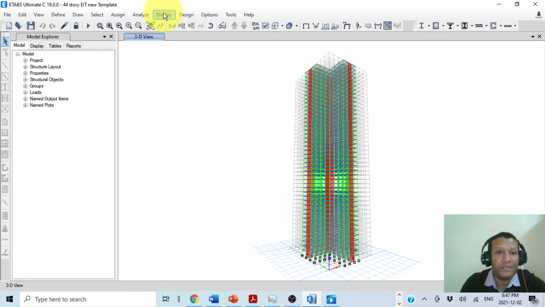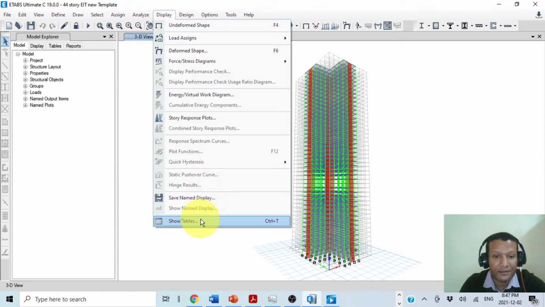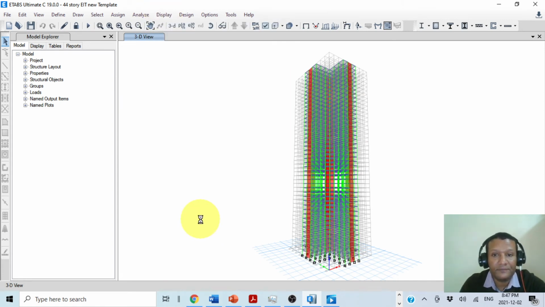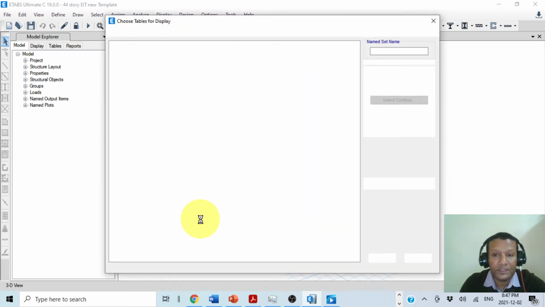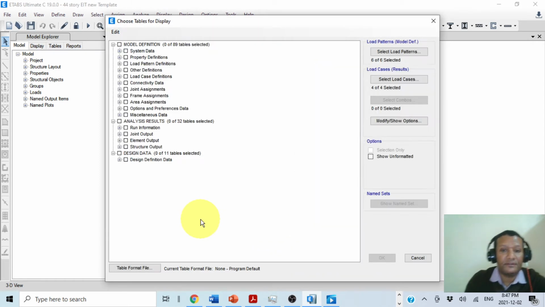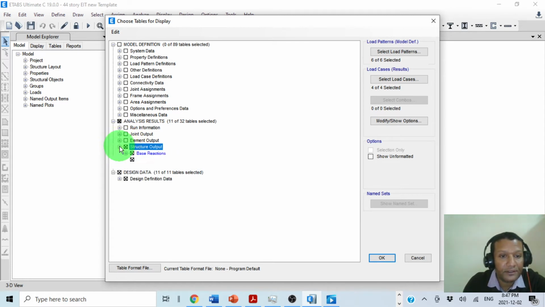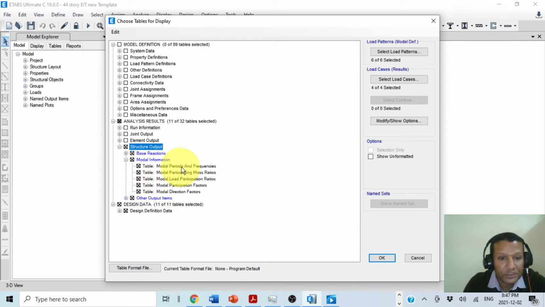I will show you in a minute, but we can go to display, show tables, for example, structural outputs. We need modal information.